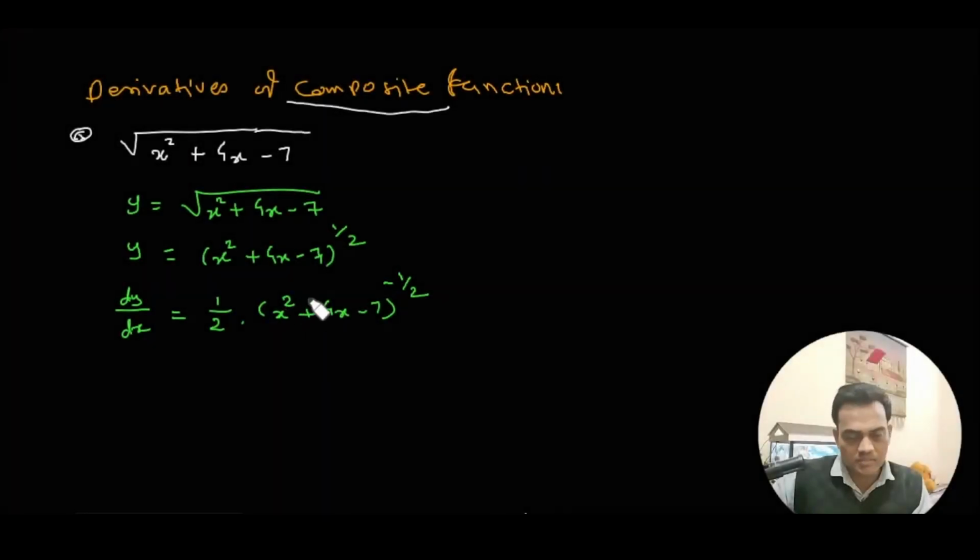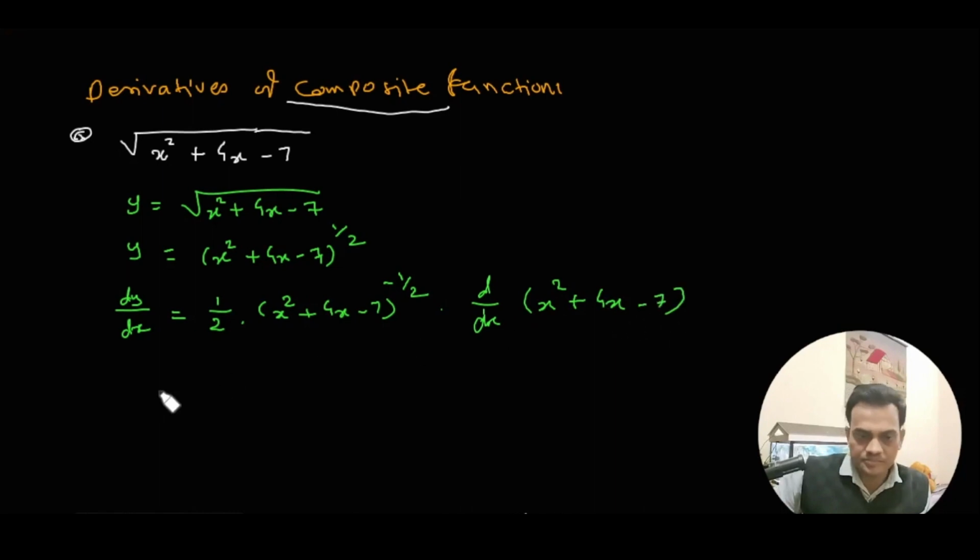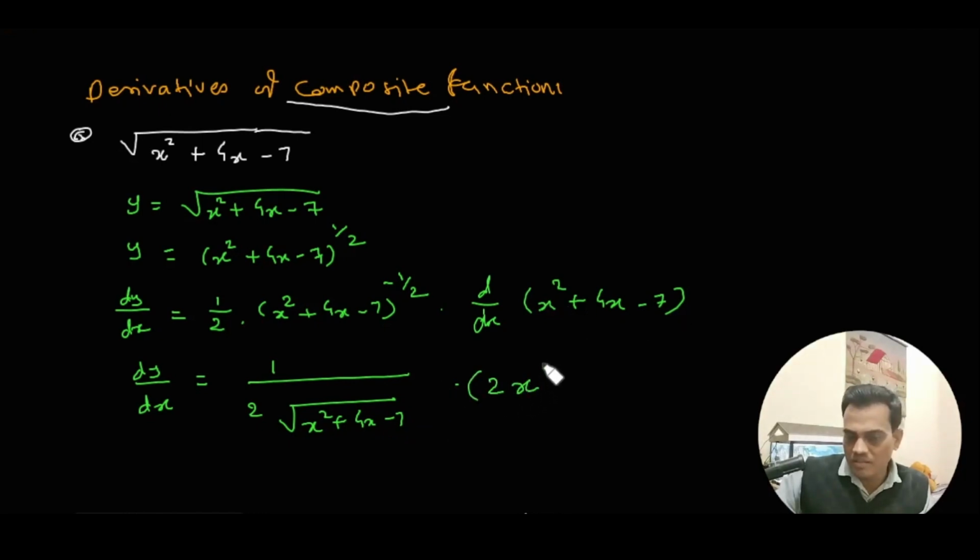So the power comes in multiplication, the power is reduced by 1, into the derivative of the quadratic x square plus 4x minus 7. So dy by dx is equal to 1 upon 2 square root of x square plus 4x minus 7, into the derivative of the quadratic: the derivative of x square is 2x, the derivative of 4x is 4 since the constant stays as it is and the derivative of x with respect to x is 1, and the derivative of a constant is always 0.